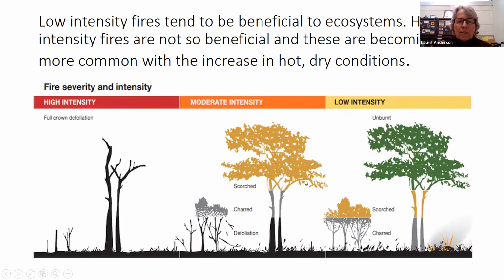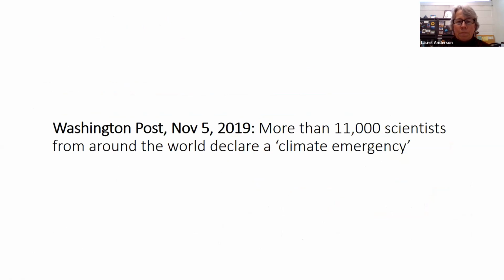Moderate intensity, you start to kill upper leaves in the canopy. High intensity fires basically char everything. So that's very problematic. So we're getting into a mode of having more high intensity fires in the landscape. And that's something that is going to be really impactful on our ecosystems.